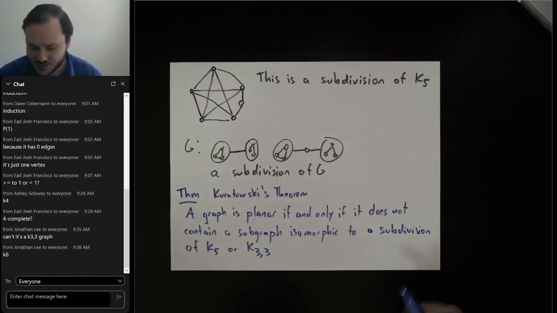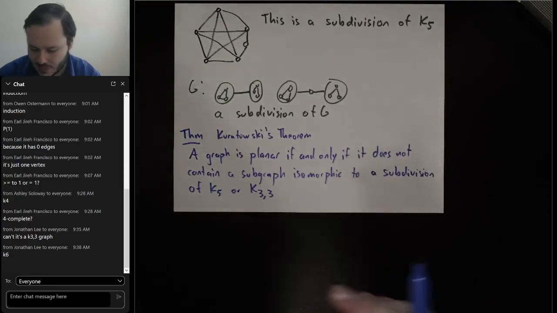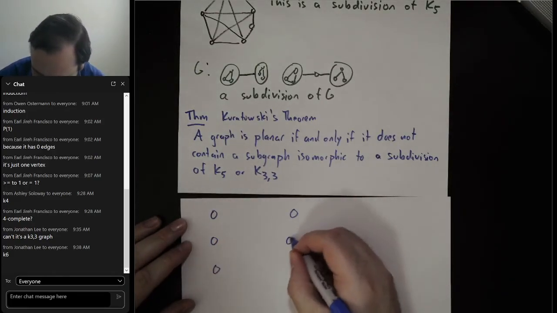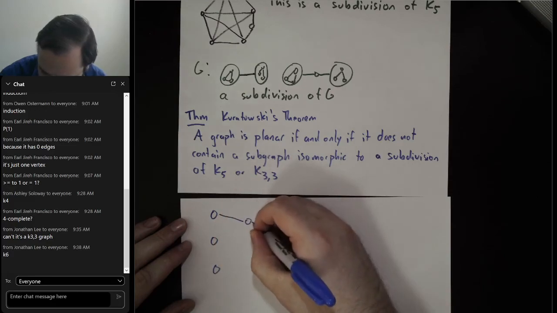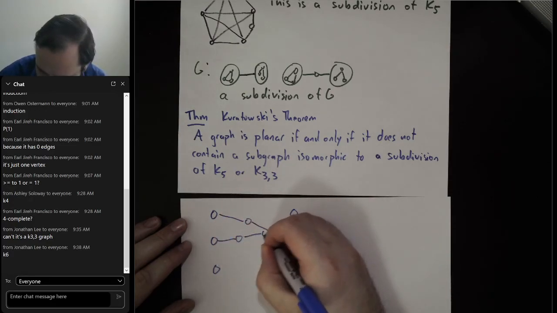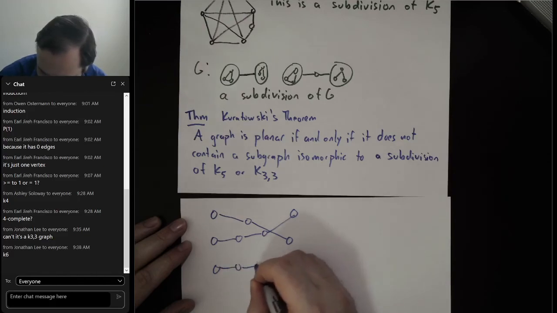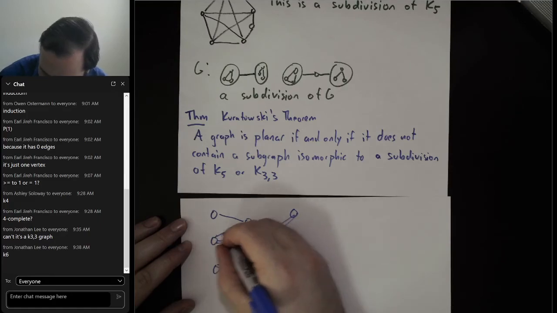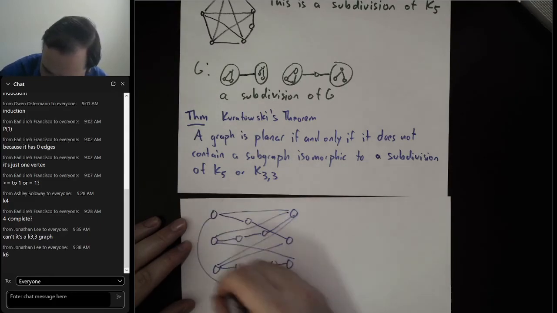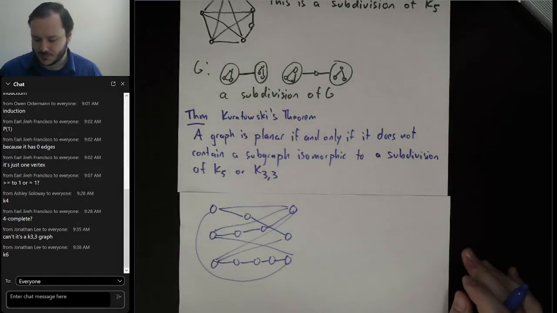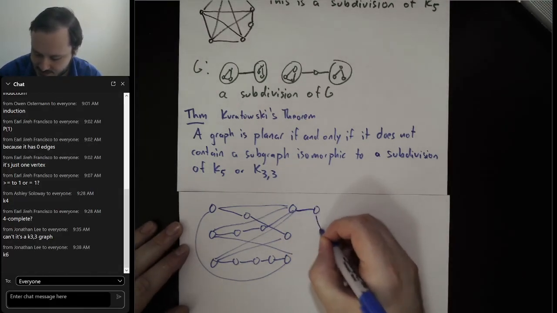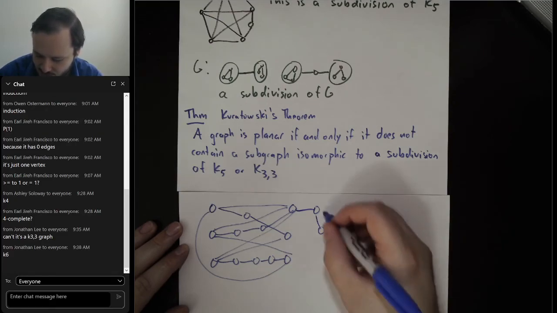So if I drew something like this graph, that contains a subdivision of a K33. Right, and I can even add more vertices. Doesn't matter at this point.